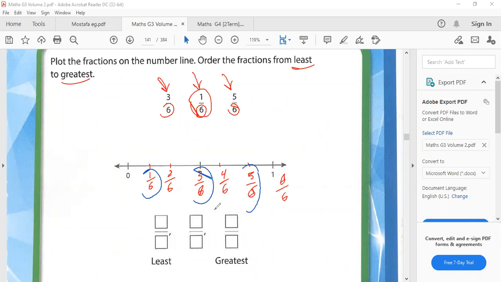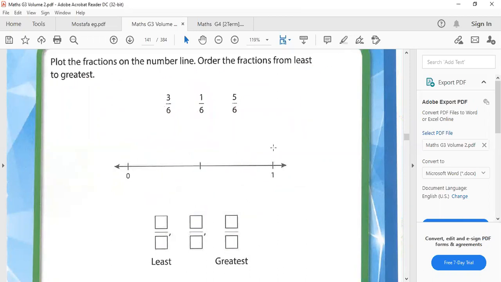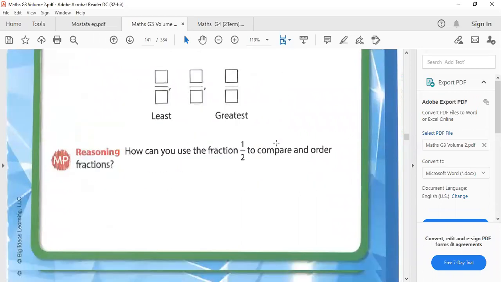So which one on the left will be the least fraction? 1 out of 6, 1 over 6. Then going to the right, we're gonna find 3 over 6, like this. And finally, the greatest fraction is 5 over 6. It is so easy, like the previous lessons. We studied that before, so it will be like a piece of cake for all of you.